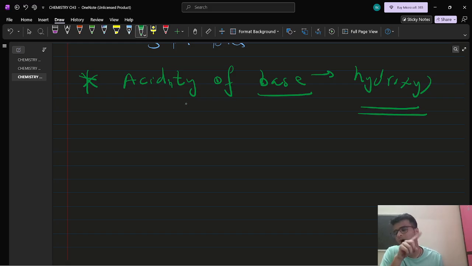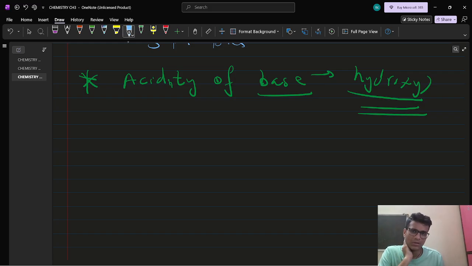Or the number of hydrogen ions which combine with one molecule of the base is acidity of base. It is not basicity of acid. So be careful. The main definition तो यही है. उधर number of hydrogen ions which produced, number of hydroxyl ions which produced. That's it.